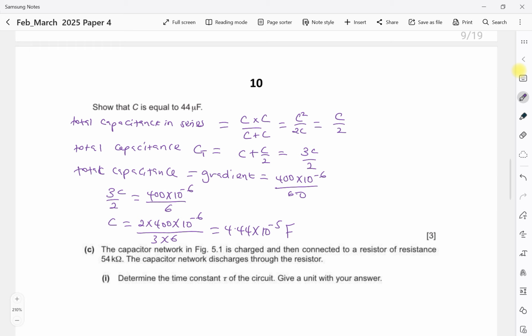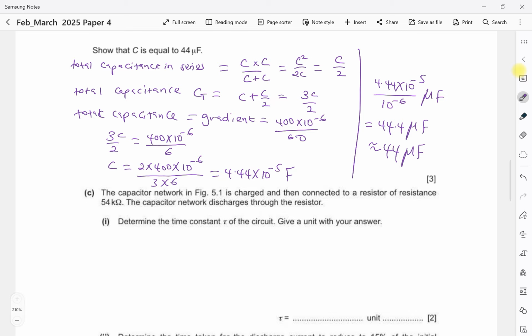When I change to micro, you divide by 10 to the power of minus 6. So 4.44 times 10 to the power of minus 5 divided by 10 to the power of minus 6 to have microfarads, which is 44.4 microfarads, or approximately 44 microfarads.